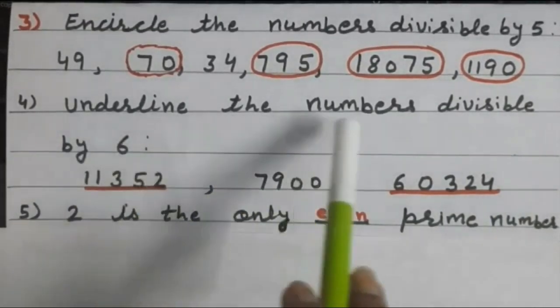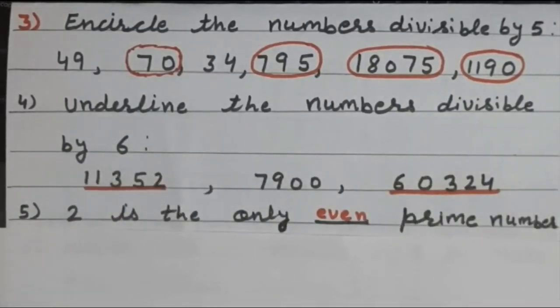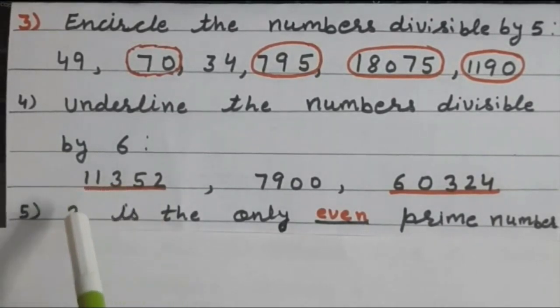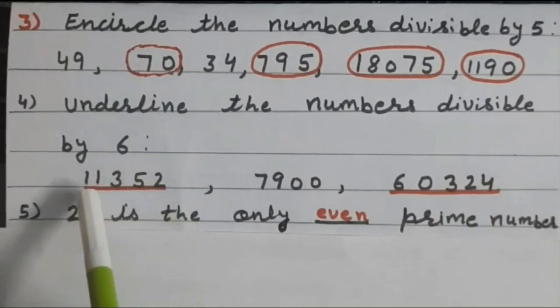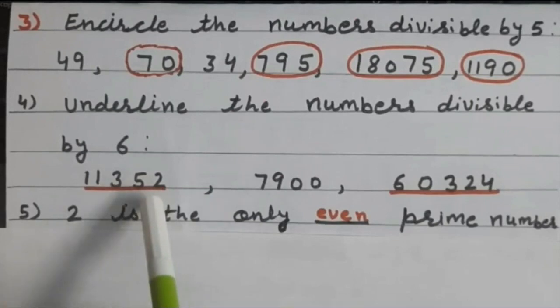Next is underline the numbers divisible by 6. Divisibility rule of 6 says the number should be divisible by 2 as well as by 3. So first of all we will check for 2. One's place is containing 2. Yes, it is divisible by 2. For 3 we will do addition. So 1 plus 1, 2. 2 plus 3, 5. 5 plus 5, 10. 10 plus 2, 12.